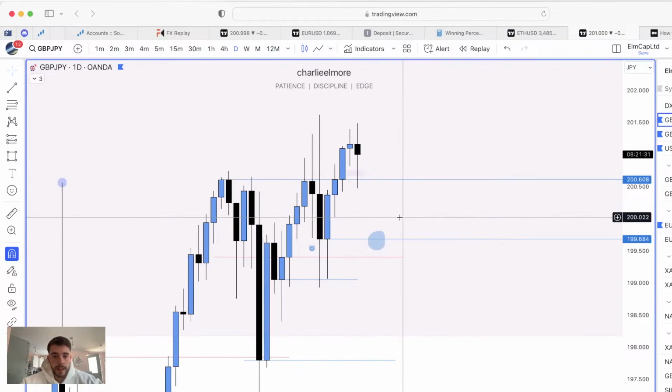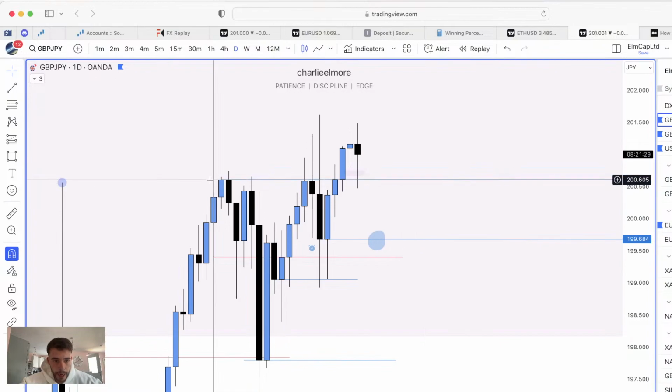So the next areas in which I'm looking at, you can see I've got this area right here as well. So two bodies. This was a significant level where price struggled to close above, from Tuesday the 28th of May up until the 14th of June. So a couple of weeks.